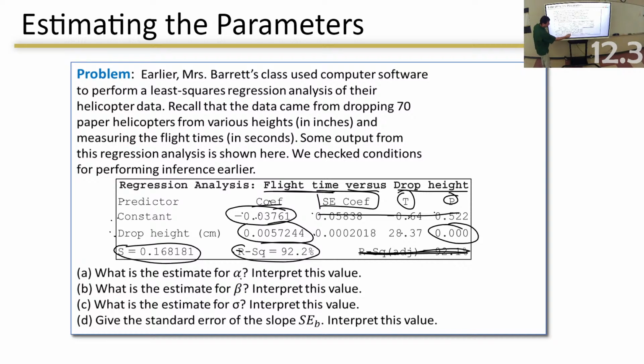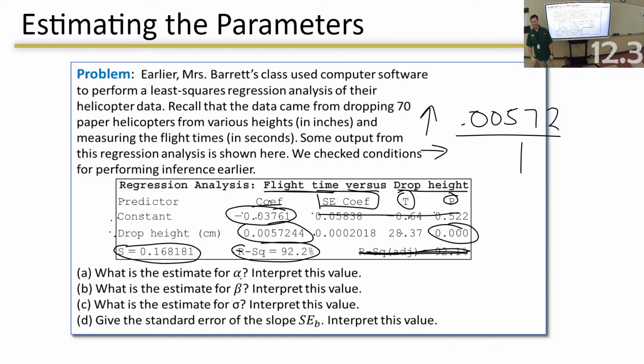What is the estimate for beta? That's the slope, 0.005721. Remember how to interpret that value. Remember, it's over 1. Interpret that: rise over run. We interpret slope as rise over run.